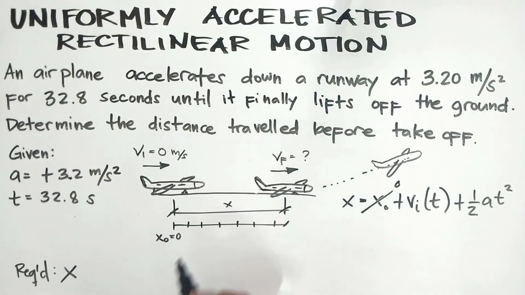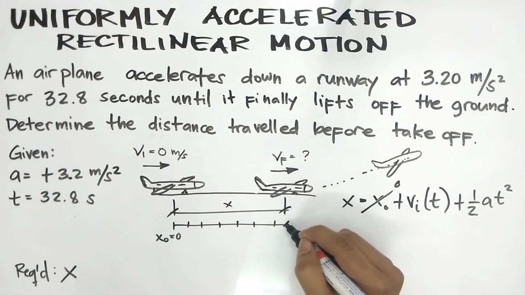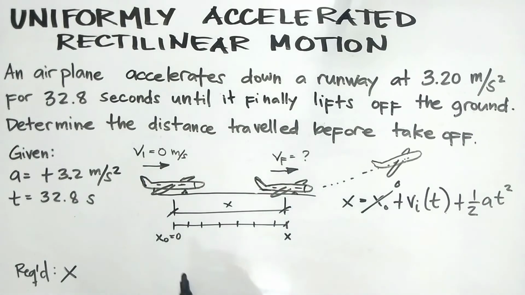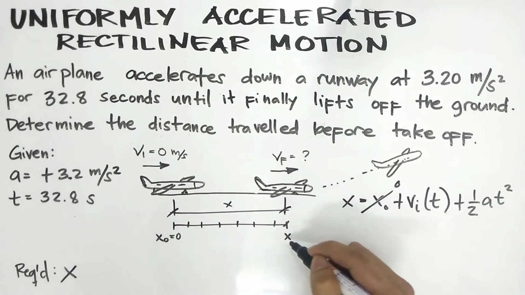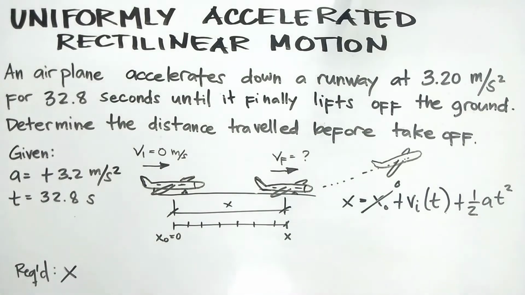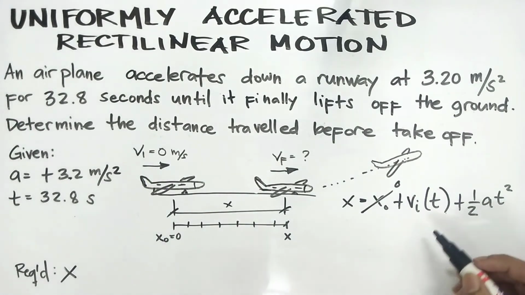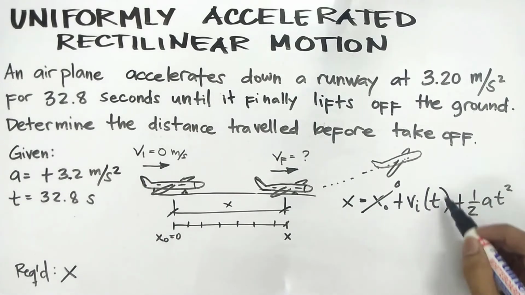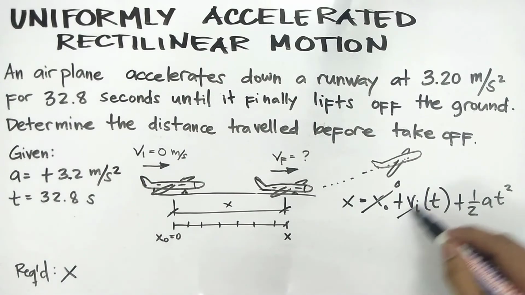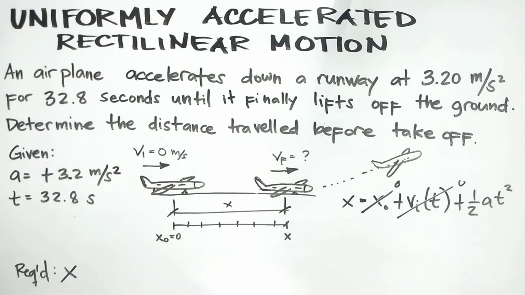And x is equal to this value from the reference point of 0 in the number line. So we are looking for the value of x, with an initial velocity of 0 meters per second. Any value that you multiply by 0 will just be equal to 0.